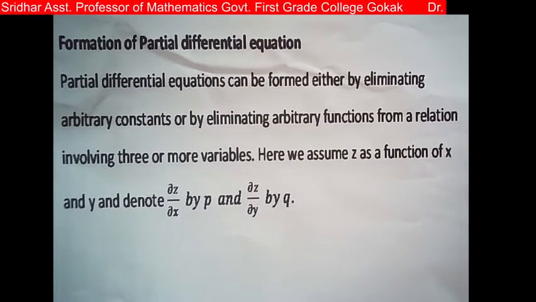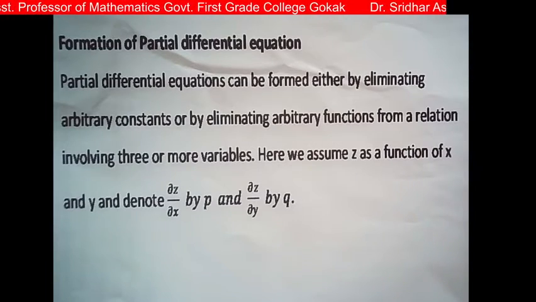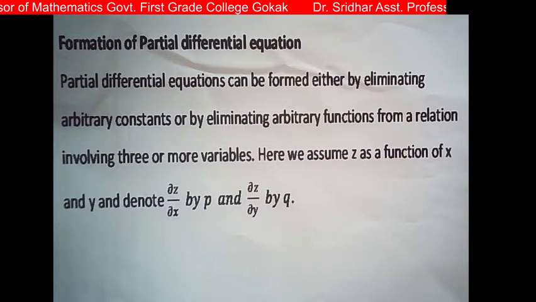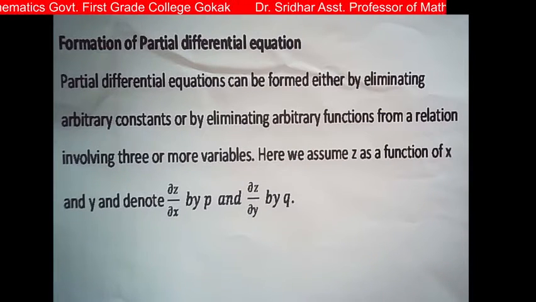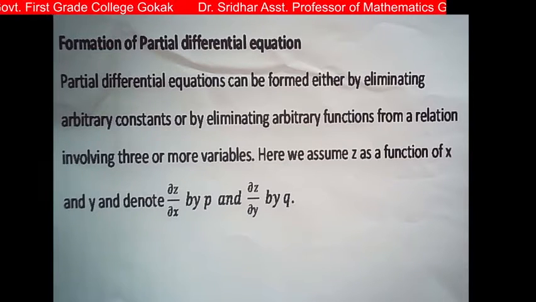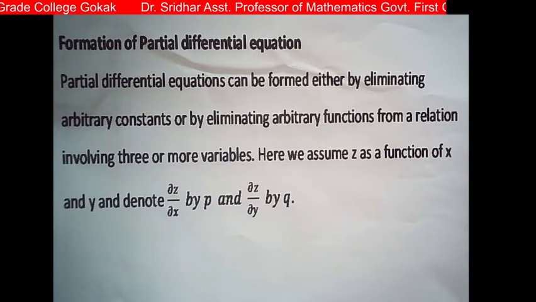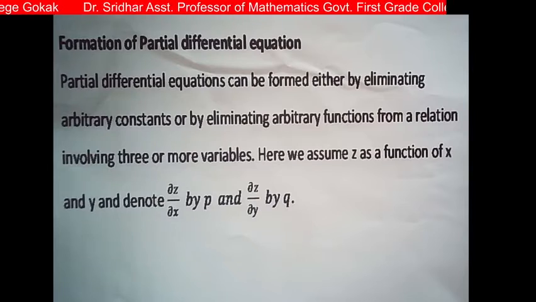The first one, we take P is equal to dou z by dou x. This is one notation. Next we take Q is equal to dou z by dou y.